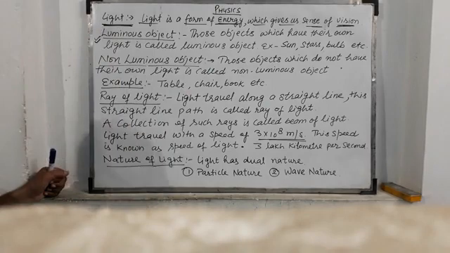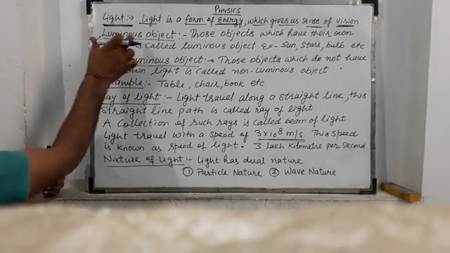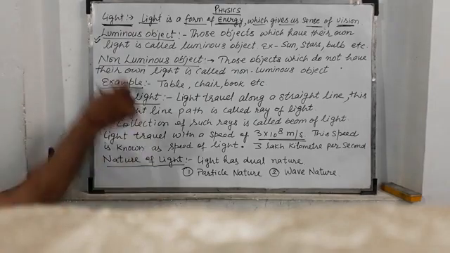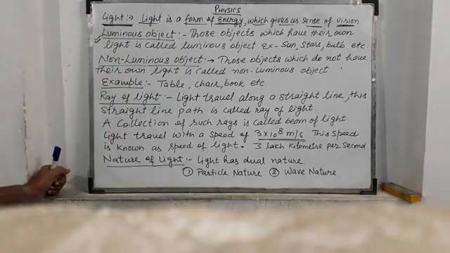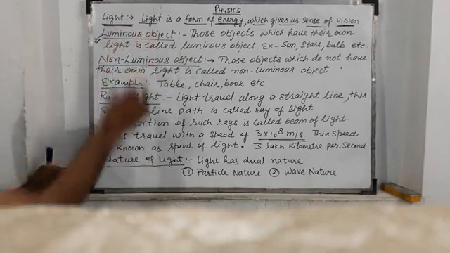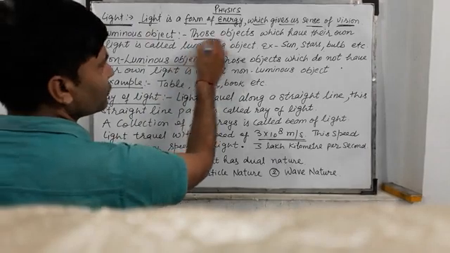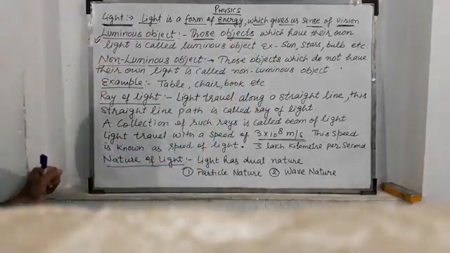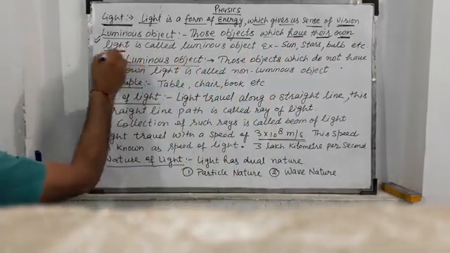Now, the objects are of two types. One is luminous object and another is non-luminous object. What are luminous objects? The luminous objects are those objects which have their own light.